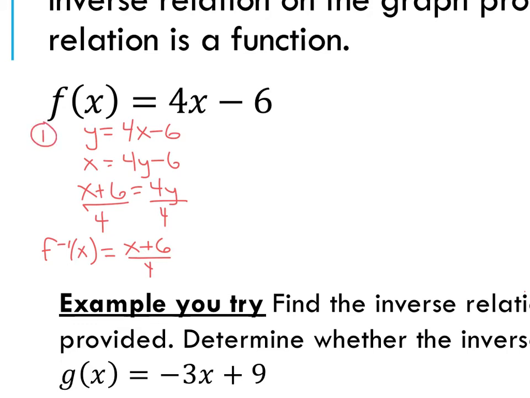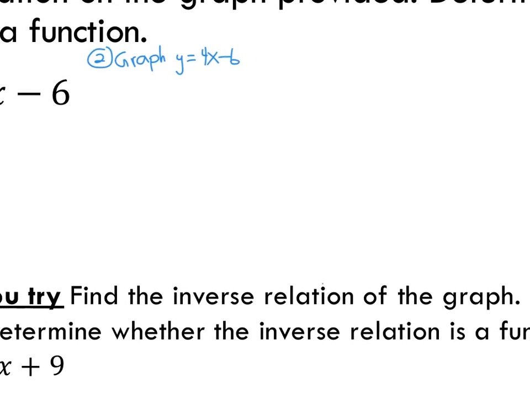The next step, our directions say to graph the function and its inverse. So what we're going to do next is we're going to graph y equals 4x minus 6. Now, it's important to say, okay, what kind of picture does this make? Well, this makes a line. So we're going to graph our y-intercept 0, negative 6.